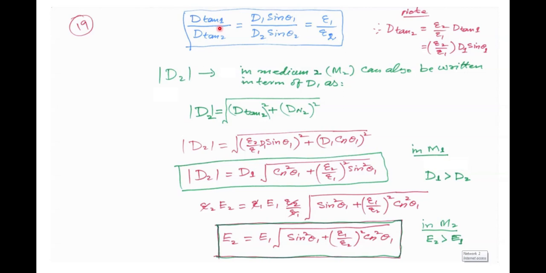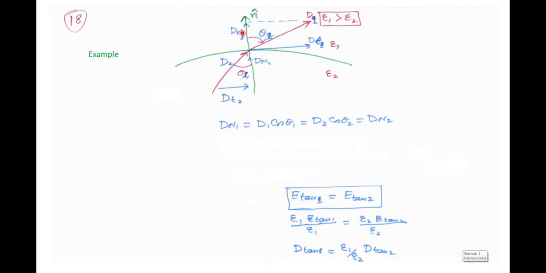Divide Dt1 by Dt2. So look at the figure. D tangential 1 is basically equal to this line, which is parallel to the boundary, and theta 1 is in front of this line, so this actually makes a triangle.